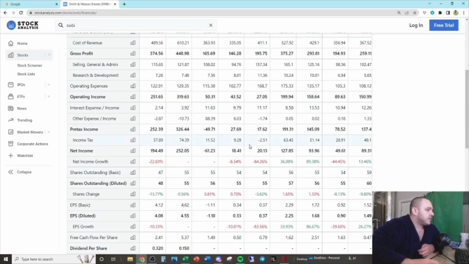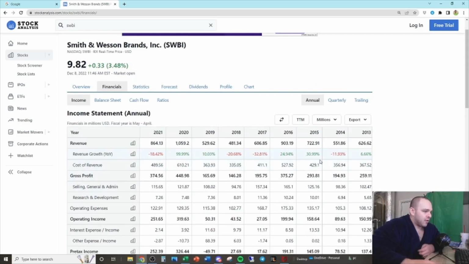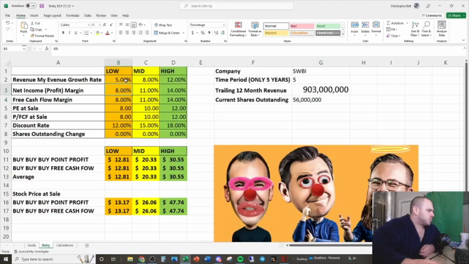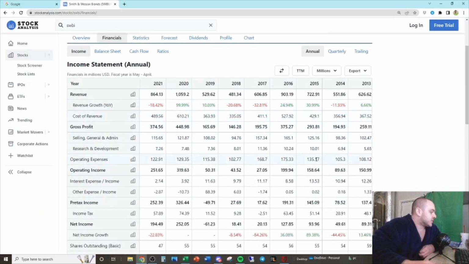Now, if you're Paul, you're going to look at prior revenue growth, and you're going to apply conservative assumptions. So you say, okay, 30%, negative 11, 6. Let's go ahead in our tool, and let's put 5% revenue growth for the low. Let's do 8% for the middle, and 12% for the high, or something like that, or 11%, whatever. All right, then you go back and look at the profit margin. This is really hard, guys.